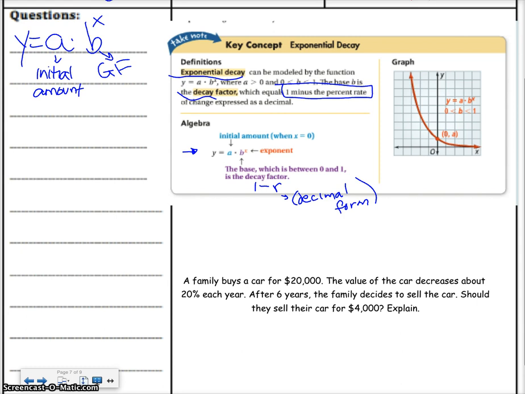Maybe we'll just write that on the left-hand side. Growth factor is 1 plus R. Decay factor is 1 take away the interest rate, because 1 just means 100%, all of it. It represents the whole. So growth means your whole plus whatever you grow. Decay means your whole take away whatever you're decreasing by.